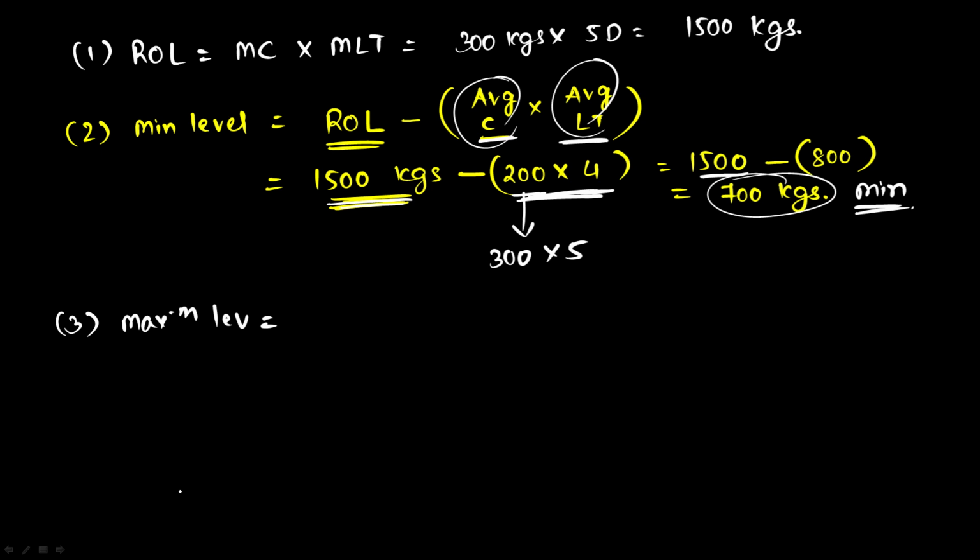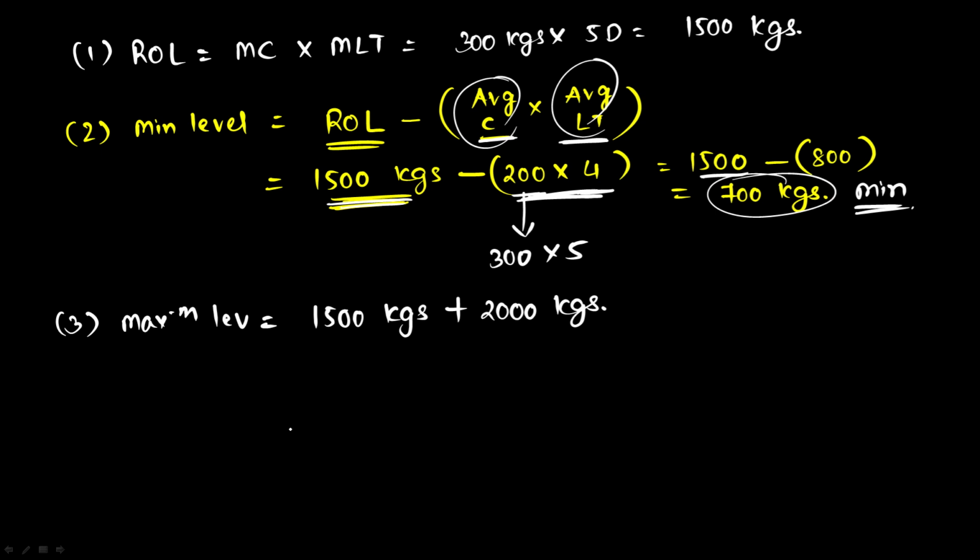Maximum level will be equal to, at what level you reorder, 1500 kgs, what you reorder, 2000 kgs, is it alright? But you never have 3500 in your godown, right? Why?